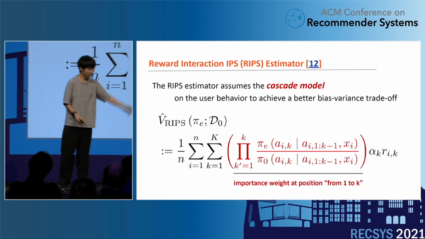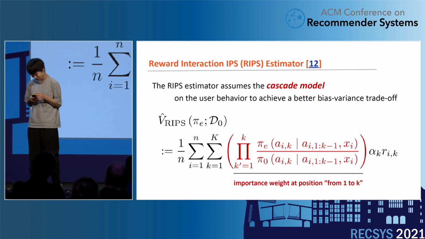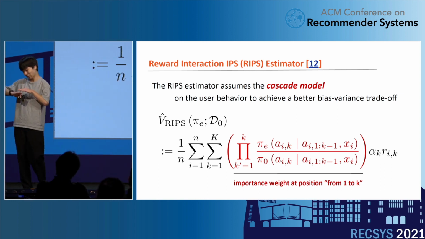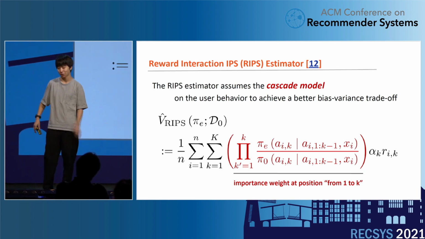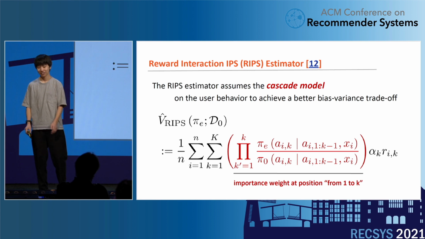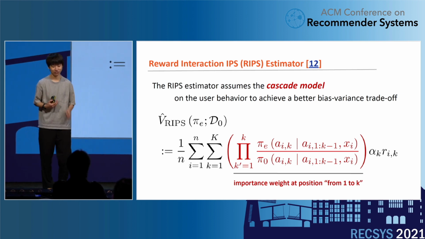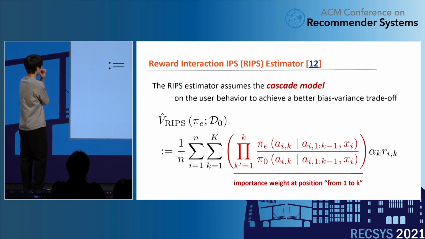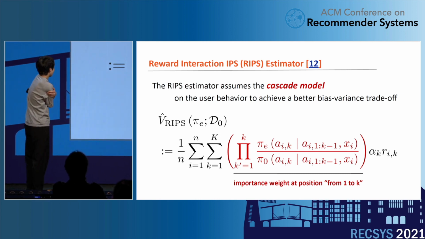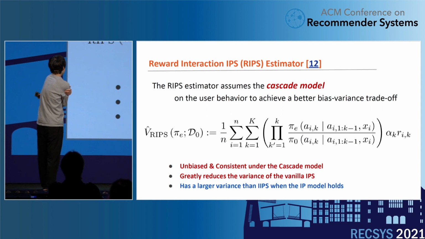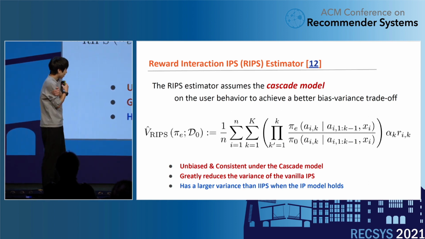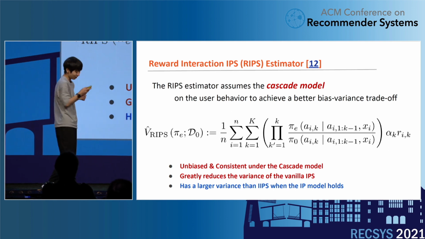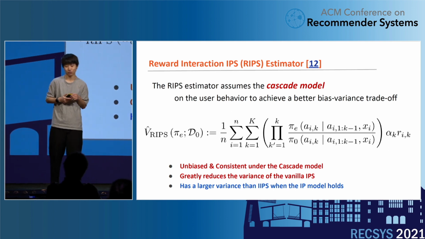When we look at the k-th position, we don't have to care about the importance weight for the k plus 1, k plus 2, up to capital K, the lower positions. Again, users are coming from top to bottom, right? So that's the trick used in the reward interaction IPS, and some theory: this is unbiased and consistent when the much more reasonable cascade model is true.